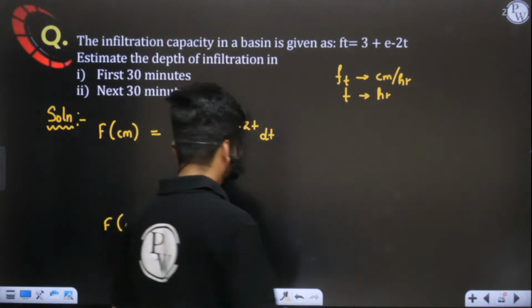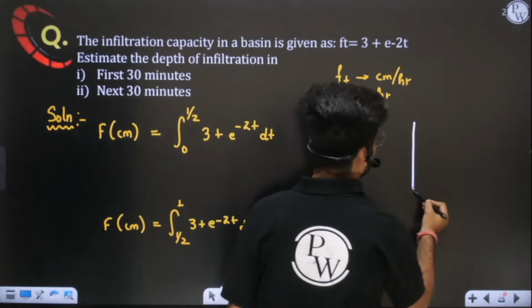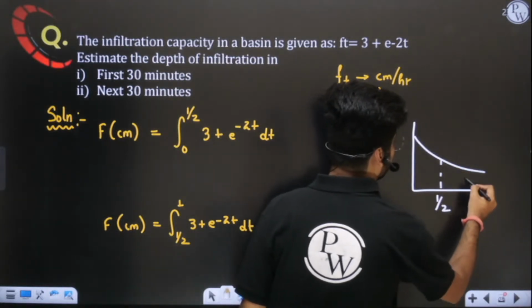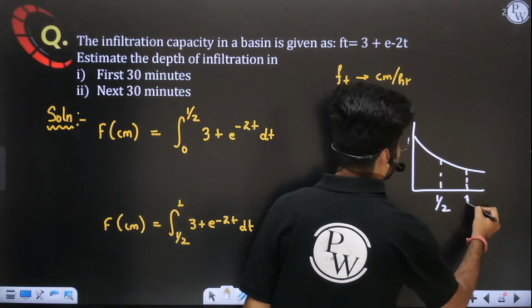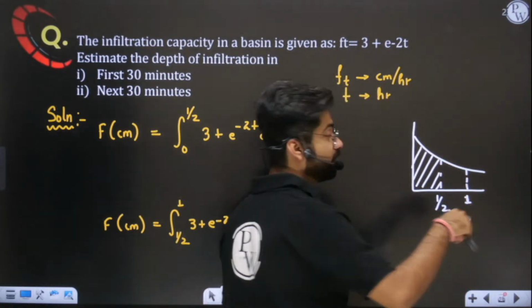Basically, we have a graph here, and in that graph we first have to solve till half hour and then solve for the next half hour. Obviously you can see that the area of the first half hour will be more.